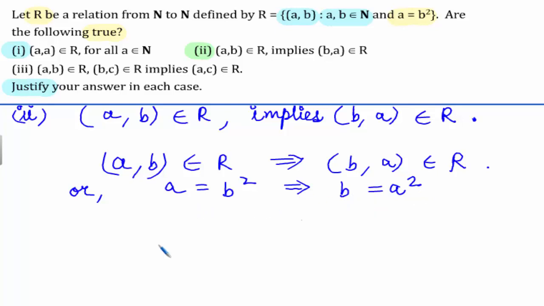So in place of a square we can write b square whole square.